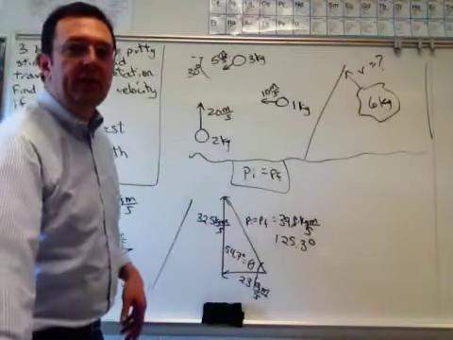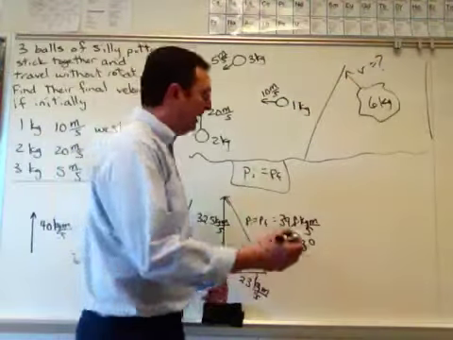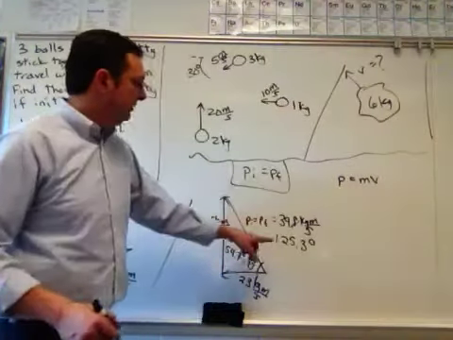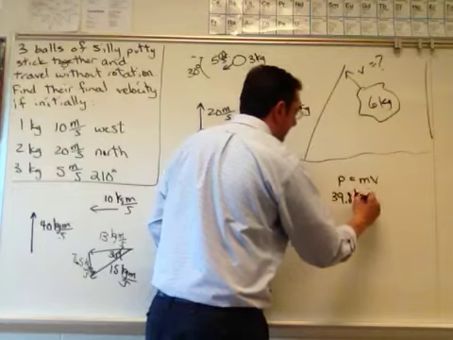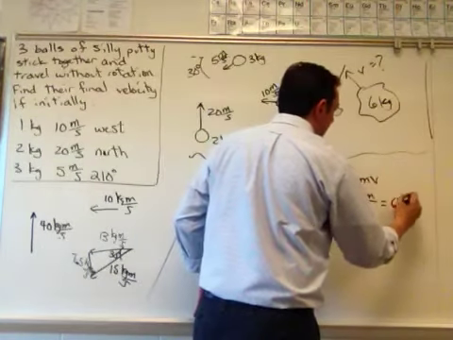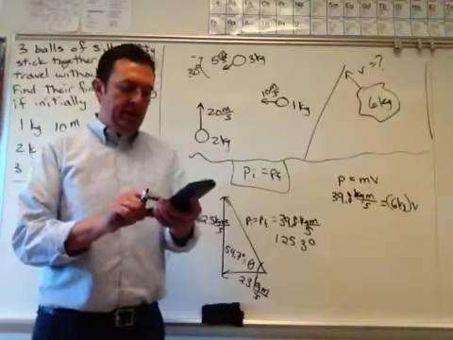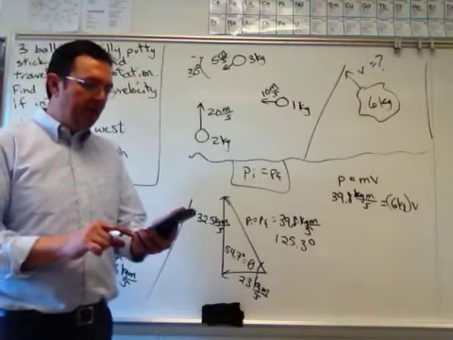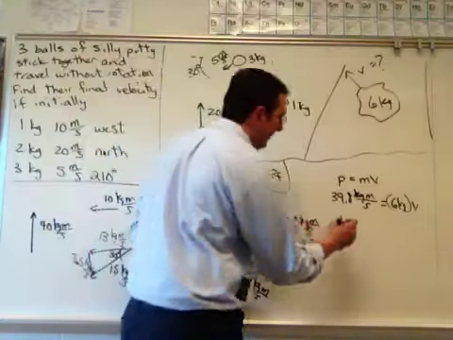What we're looking for is not the momentum, because we have the momentum, but the velocity. So the only thing you have to do now is take p equals mv. Momentum is 39.8 kilogram meters per second. Mass is 6 kilograms. Find the speed. So you take 39.8 divided by 6, because that's the mass of the whole thing, and you get 6.63 meters per second.